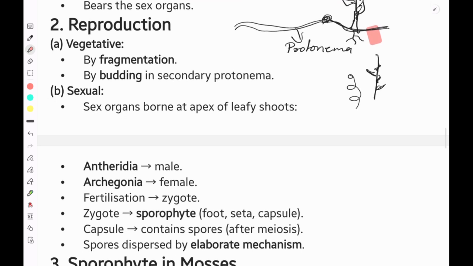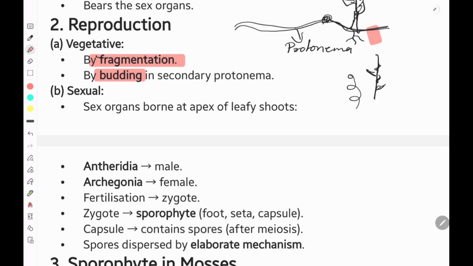Here you can see they have only two types of reproduction, either vegetative reproduction or sexual reproduction. They do not have gemma cup-like structures as in the thalloids. They can reproduce through fragmentation type of vegetative reproduction or budding, but not by gemmae or cups.